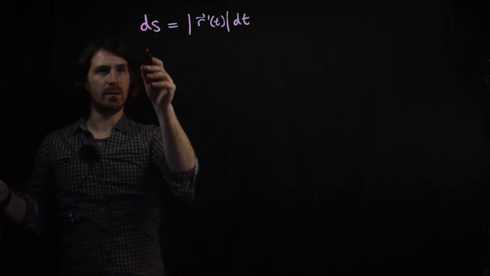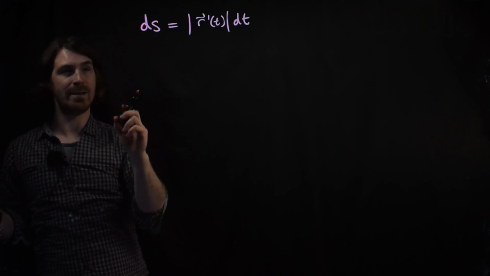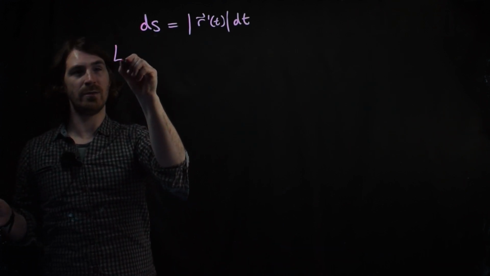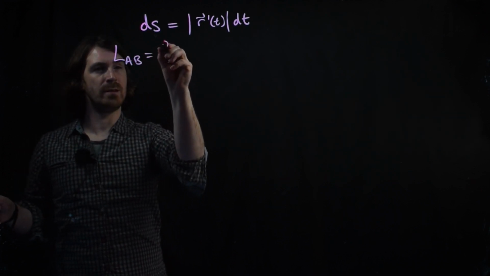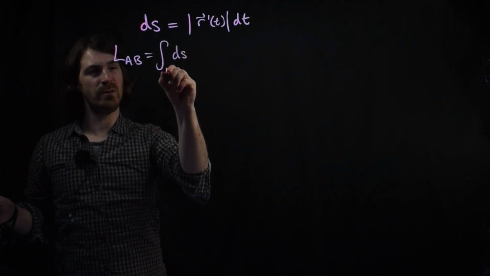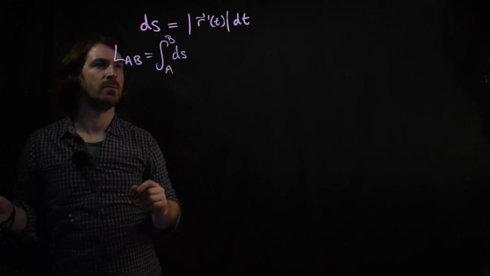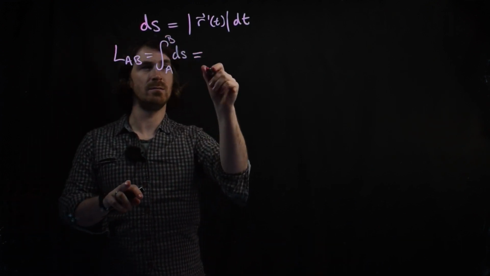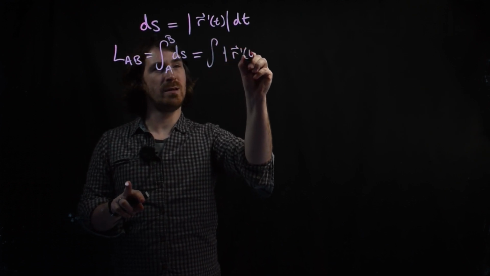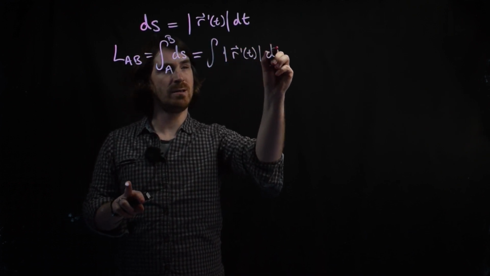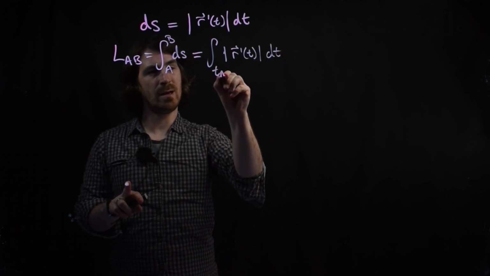And once we know the little line element, we can calculate the total length of a curve between two points A and B as the integral of ds between those two points. And we know what ds is, so this is just the integral of the magnitude of r prime of t, dt, between t_A and t_B.